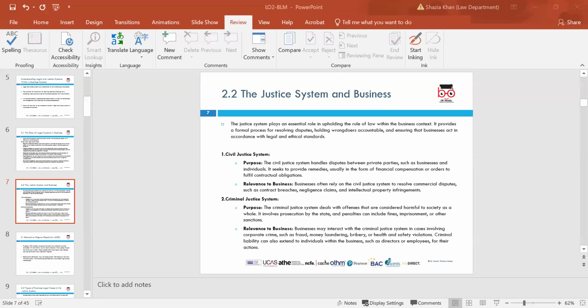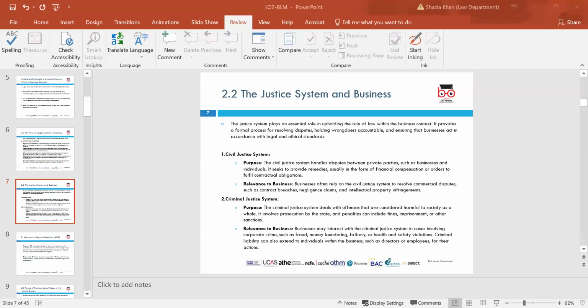So we have the civil justice system when we're looking at business, and this justice system handles disputes from employees or in regards to any businesses. This is where civil disputes between individuals and organisations often involve compensation. No one is sent to prison for this.